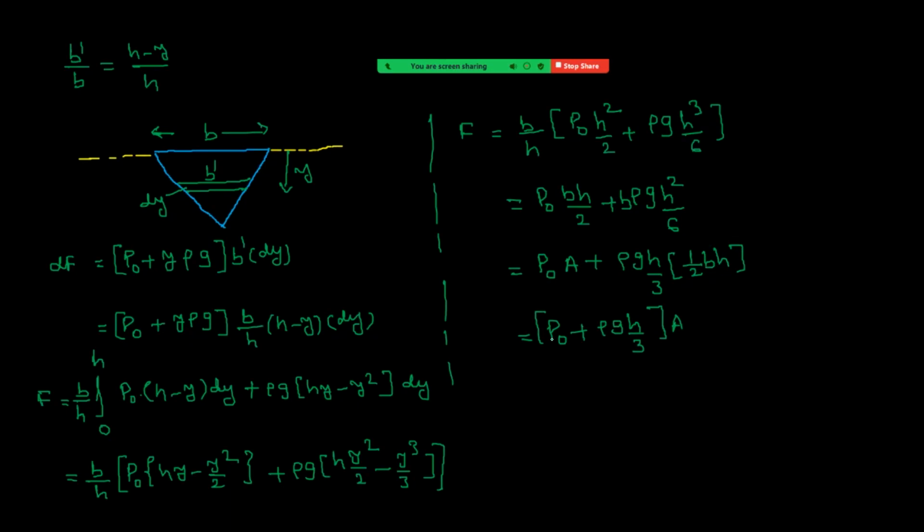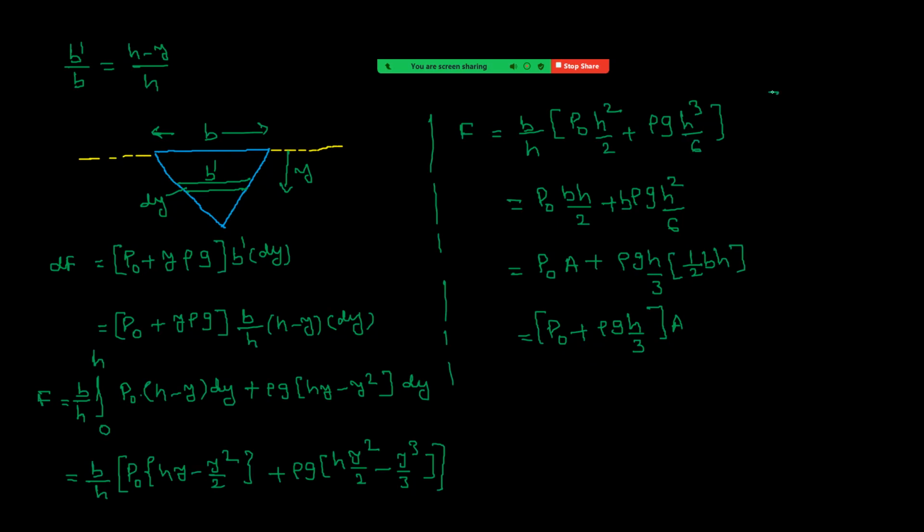So how is this written? As pressure into area, right? Area equals half base height. And see where we have taken our pressure. If you see carefully, P naught plus rho G H by 3. You can see this is the distance of center of gravity or center of mass from the base.